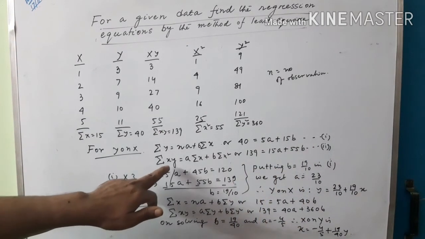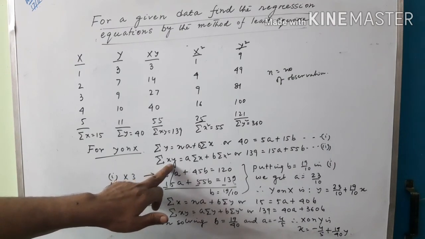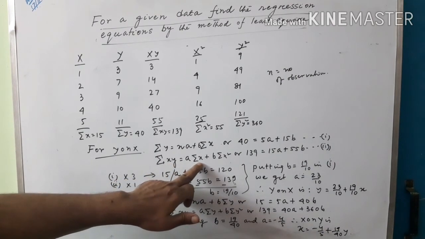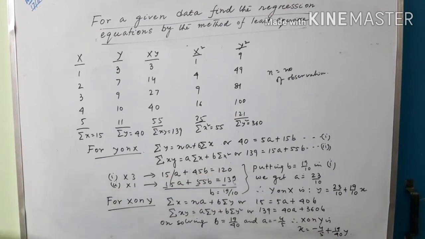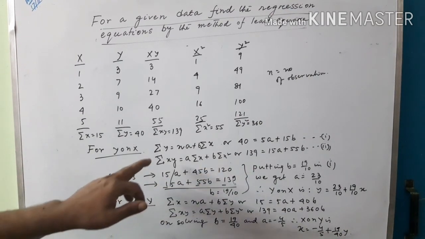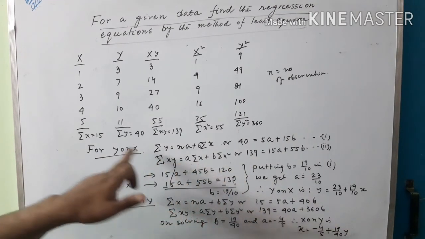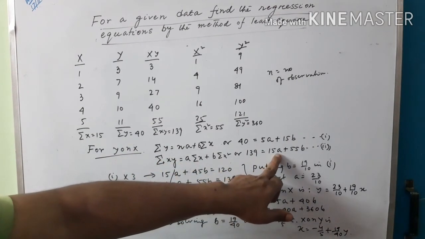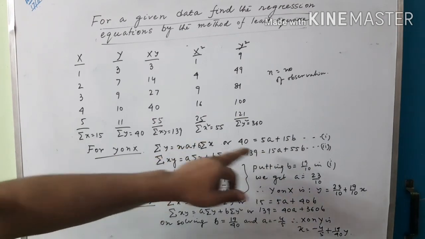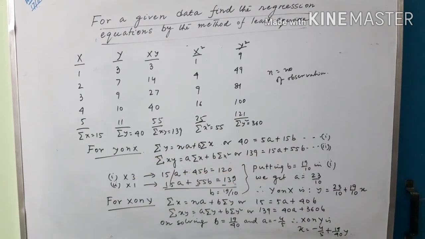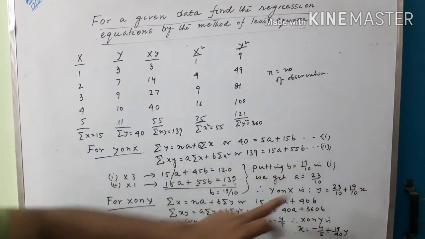The second normal equation is sigma xy equals a into sigma x plus b into sigma x square. Sigma xy is 139, sigma x is 15, so 15a, and sigma x square is 55, so 55b. Now we multiply equation 1 by 3.